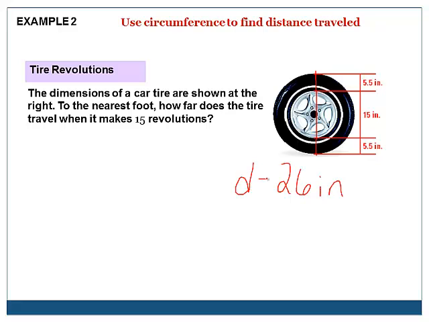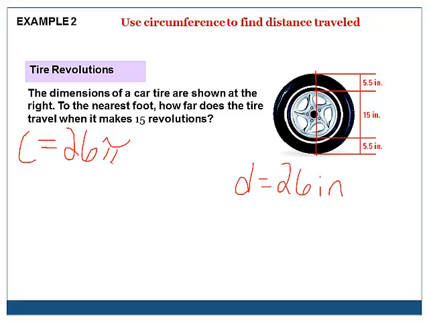That is going to be our diameter. Now that we have our diameter, we can use the circumference formula. In this case, circumference is equal to 26 pi. Remember, we have 2 different formulas for our circumference, 2 pi r or pi d. In this case, I'm going to use the diameter since we're given the diameter.